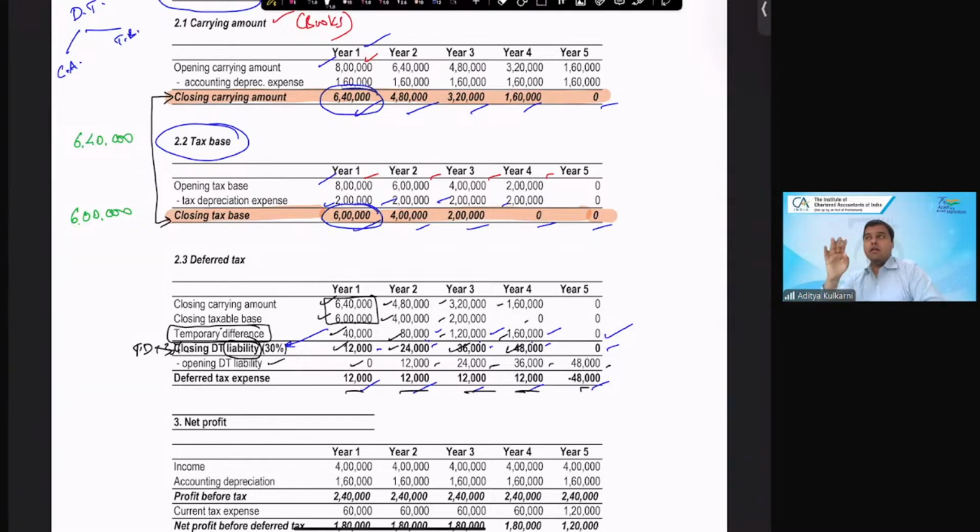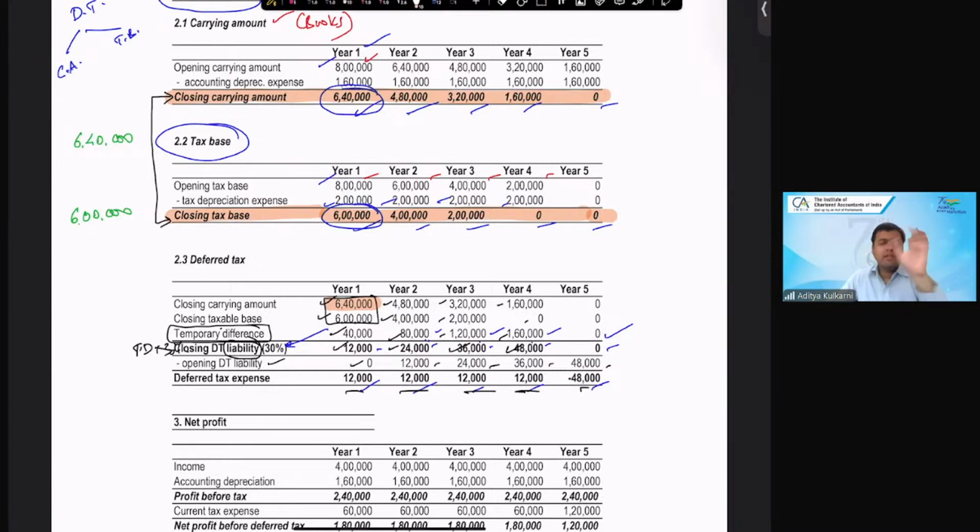Now, for accounting purposes, against this 10 lakhs, I have an asset worth 6 lakh 40. Yes or no? I'm talking about the carrying amount. Against 10 lakh, can I say I have an asset worth 6 lakh 40? Yes, sir.